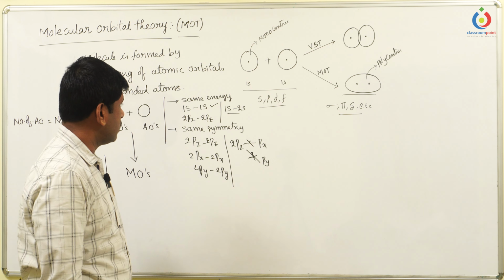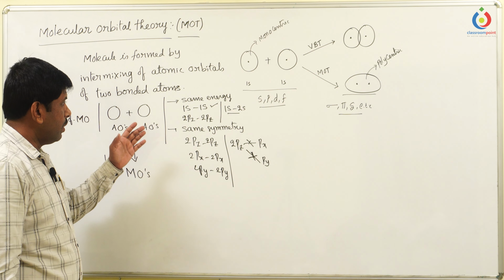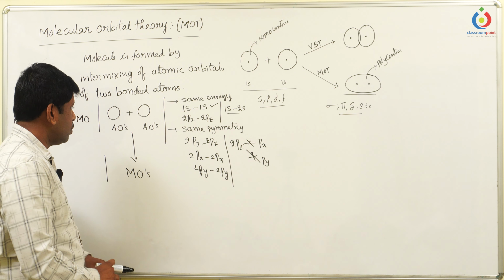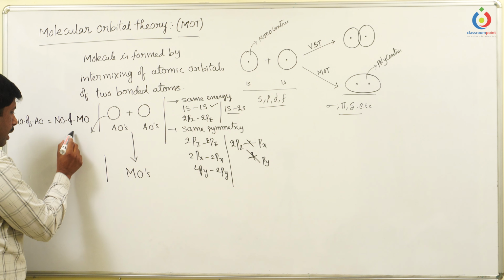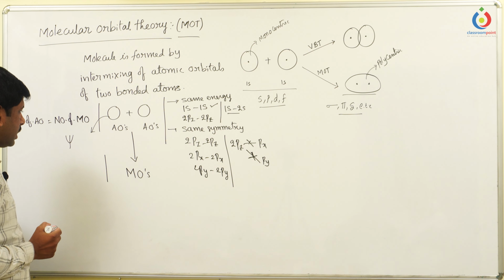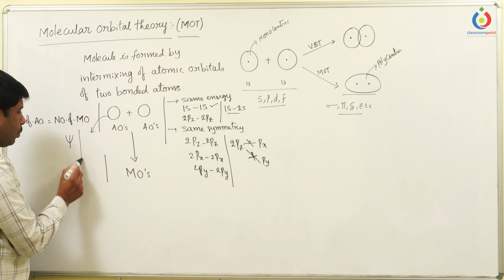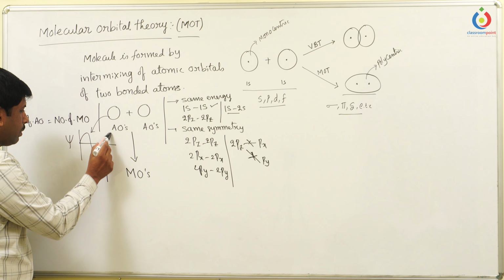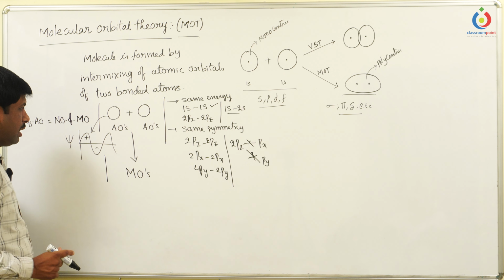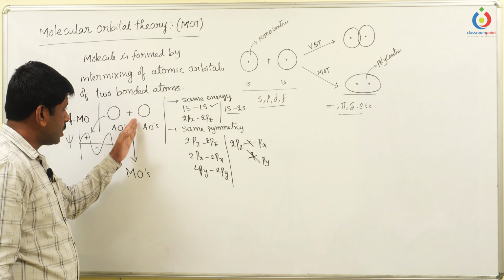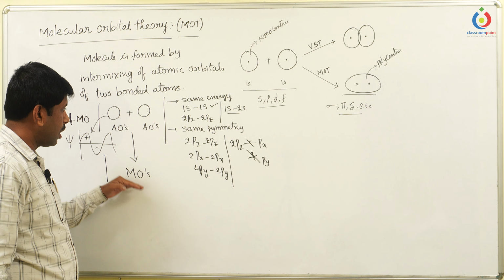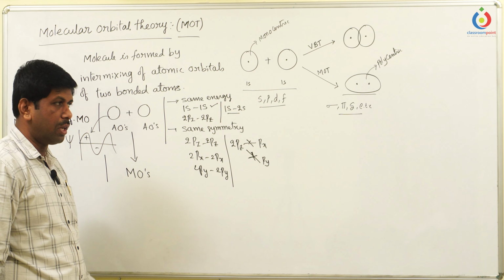Now, the question is, we know that an atomic orbital is usually represented by the amplitude of the electronic wave psi. So psi has two values, positive value and negative value. Then in such cases, do atomic orbitals produce only one type of molecular orbital or different types of molecular orbitals?